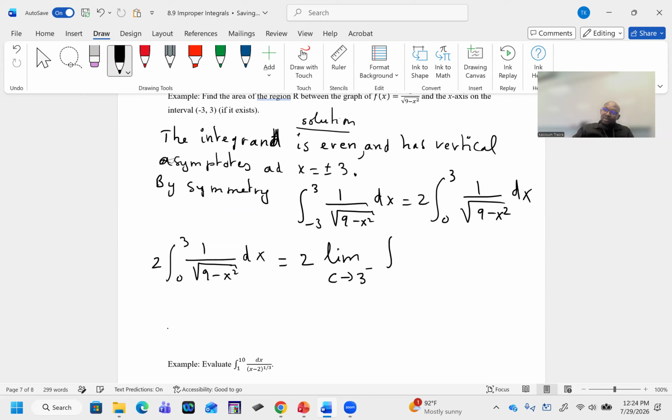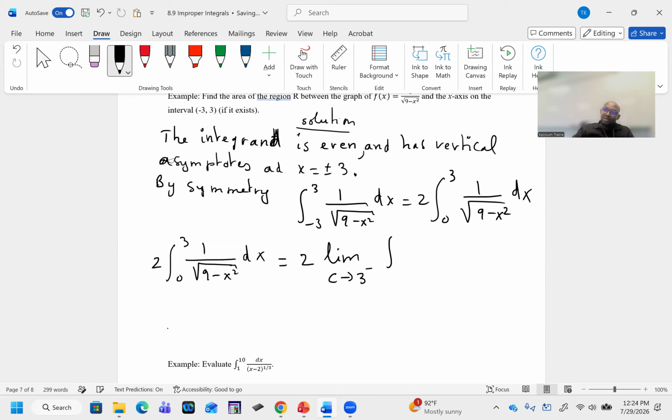You know, the antiderivative of this one is sine inverse of x divided by 3, where a is 3. Let's go from 0 to c. So which is 2 times the limit as c approaches 3 from the left of sine inverse of c divided by 3 minus sine inverse of 0. We know sine inverse of 0 is 0.